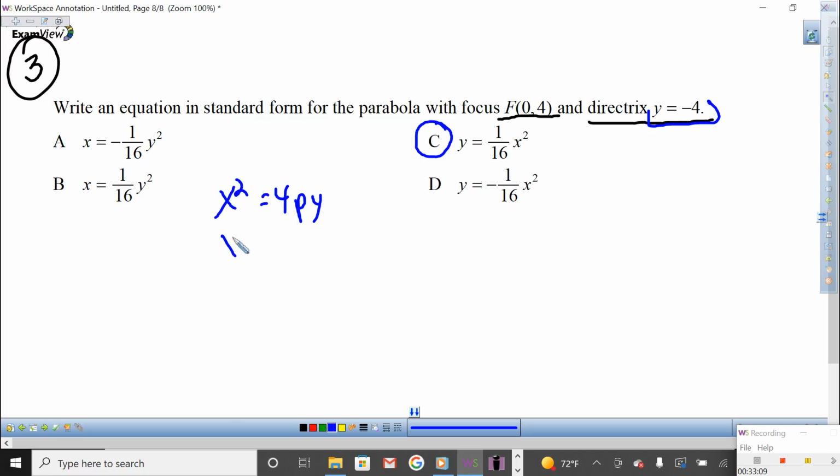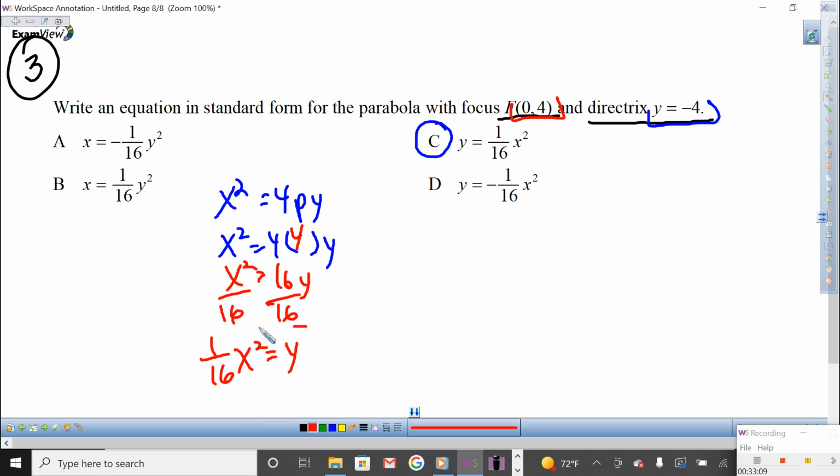So then you got x squared equals 4 times p times y. And p, we said we were going to use the value on the focus, which is 4. 16y equals x squared. Since there's nothing that looks like that, we need to solve for y. So we divide by 16, divide by 16. So we end up with 1/16 x squared equals y. Answer is C. Does everybody see what we're doing?